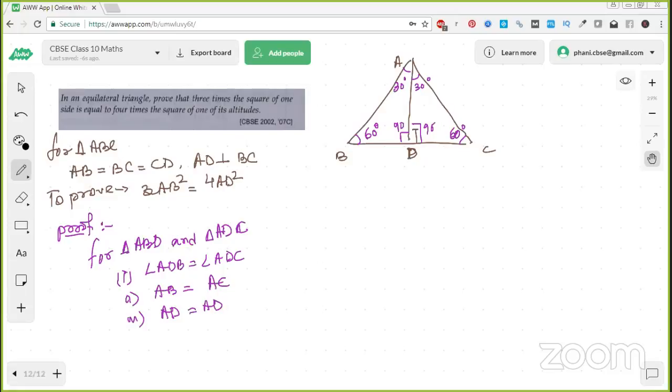So by RHS rule, we can prove that the triangles are congruent to each other by RHS rule. Now, as the triangles are congruent, we can write that BD equals DC, which is half of BC.